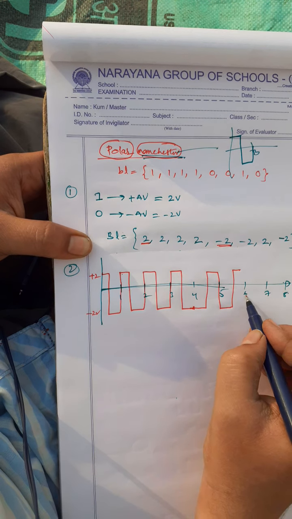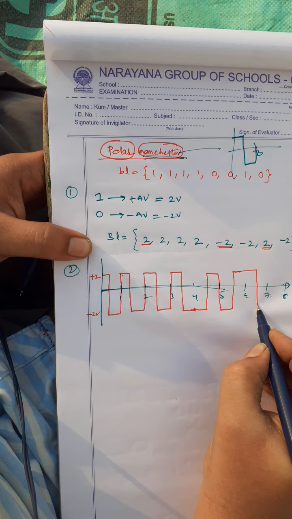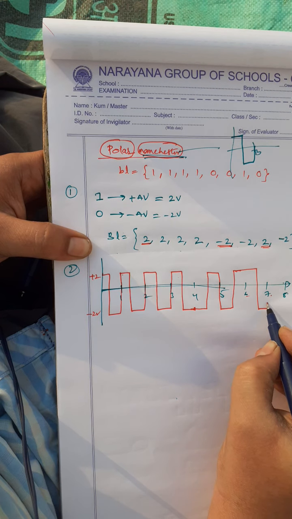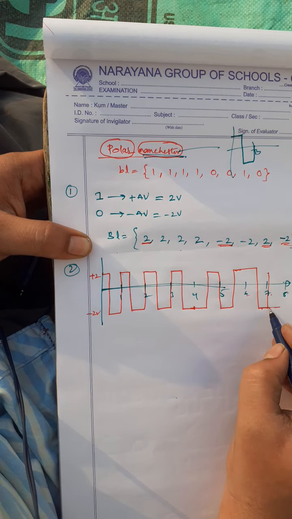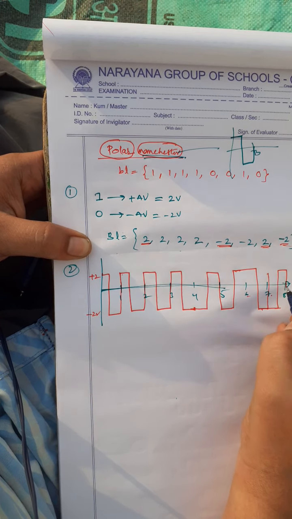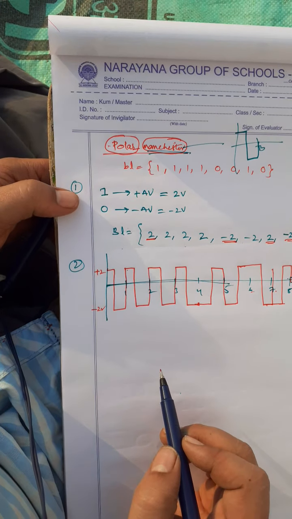Then after the sixth it is a positive value, it is continuous. Next here, the seventh duration, this is also continuous. Okay, this is polar Manchester, right?